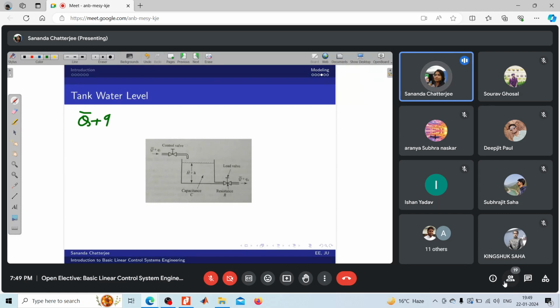Then Q bar will cancel. Okay, so let me write. This is Qi minus Qo, it will be equal to C dh/dt.